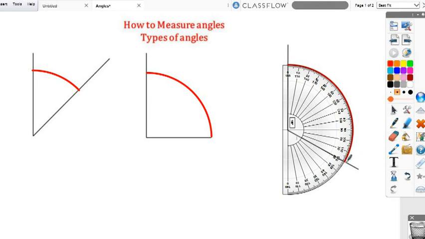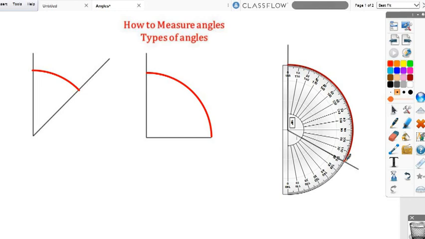That's the angle of 120 degrees that we have measured. And an angle of 120 degrees falls under a type of angle which we call an obtuse angle.